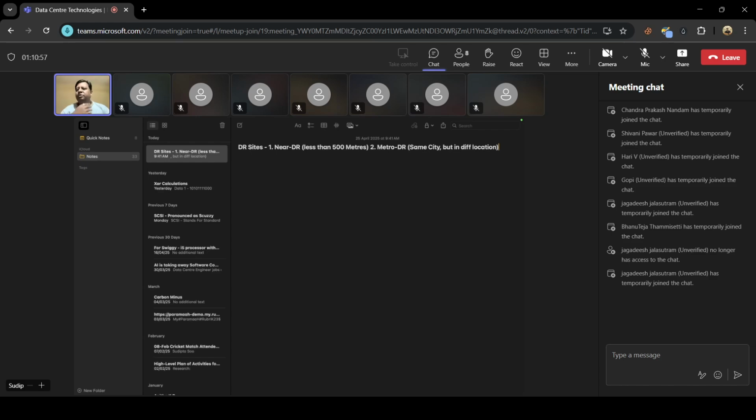Maybe you can just go in a 2 to 3 hours time frame. So distance-wise, it will be anywhere in the range of 100 to 150 kilometers. And then we have something called a far DR site.